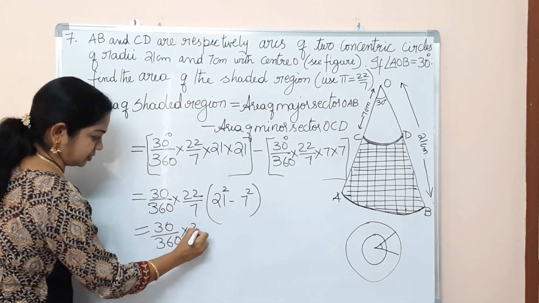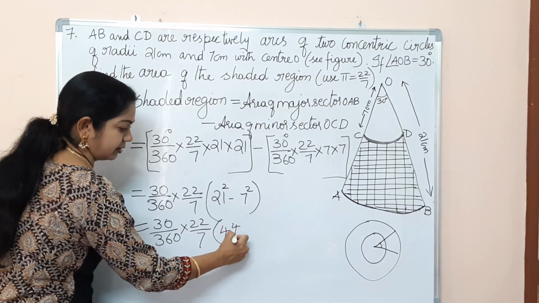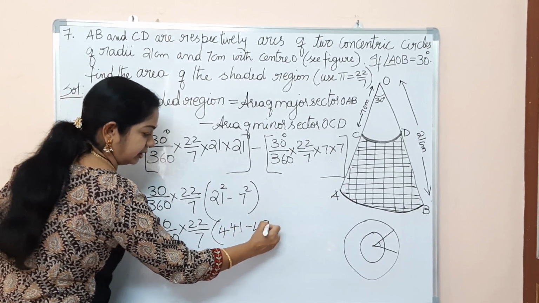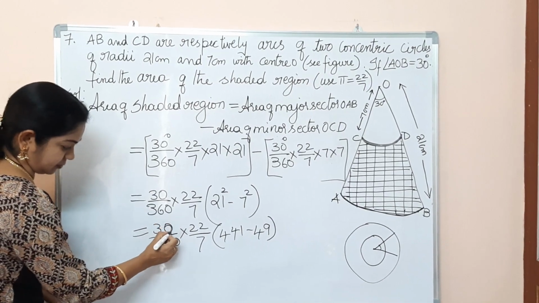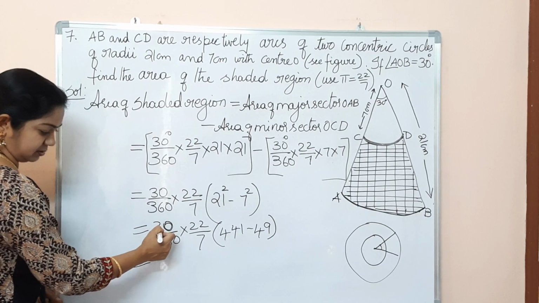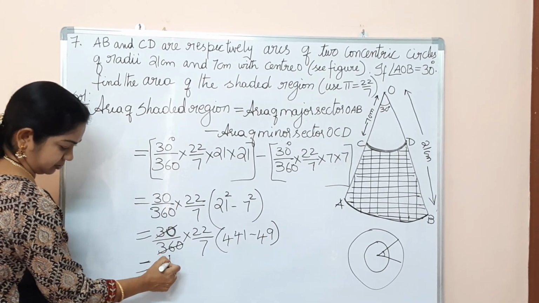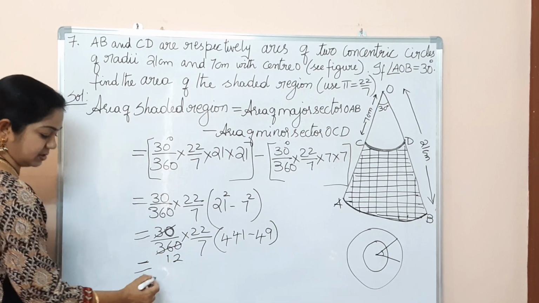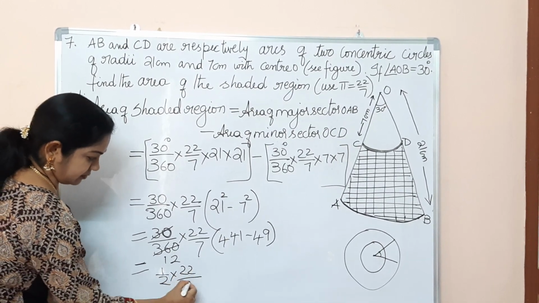30 by 360 into 22 by 7, 21 square is 441 minus 49. So we can also cancel this. 1 by 12 into 22 by 7.